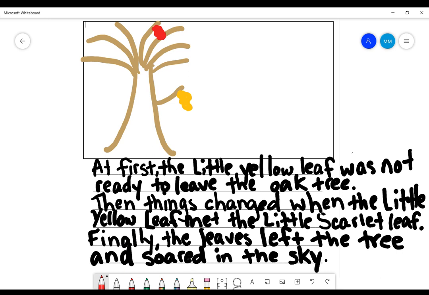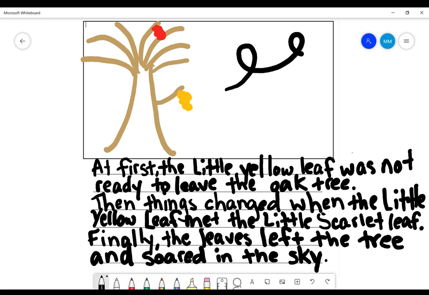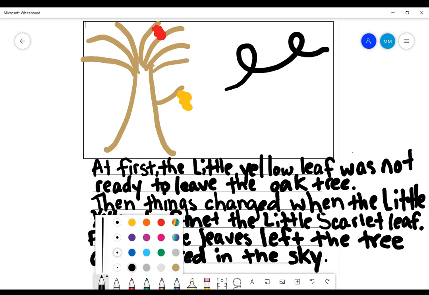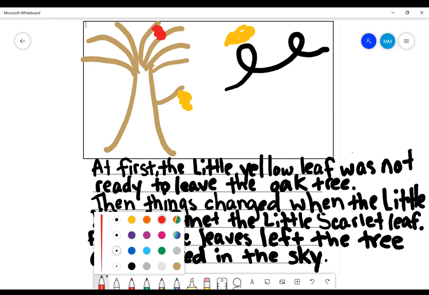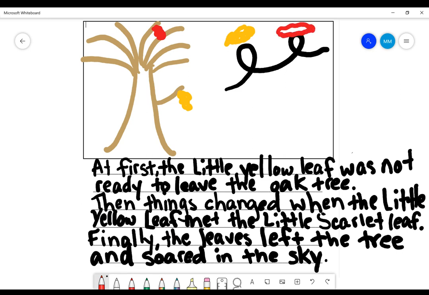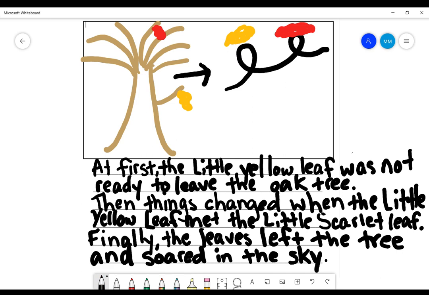And then I might draw a little loop-de-loo of the little yellow leaf. And the scarlet leaf soaring through the sky.